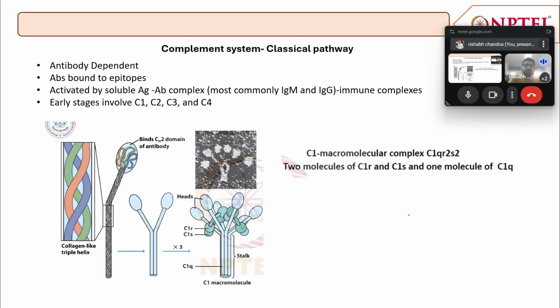Now we'll see each pathway in detail, starting from the classical pathway. The classical pathway is termed antibody dependent. That's why some of the literature suggests that it is part of the adaptive immunity. So when there is a bacteria that shows certain epitopes, these epitopes are bound by the antibodies.